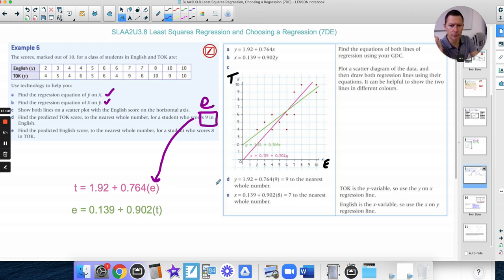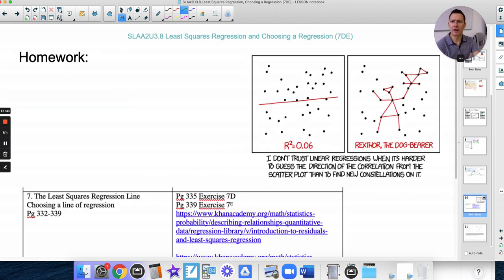And then solve for that. And so we got 9. And if we had in this, they said 8 in TOK, we put the 8 into the T equation to get E. We could have put it into here and backwards solved, but that's less of a solid prediction, right? And so when you put 8 in there, you should get 7 out. Cool? That's it. Try some practice problems when we get in, and we will see you later.